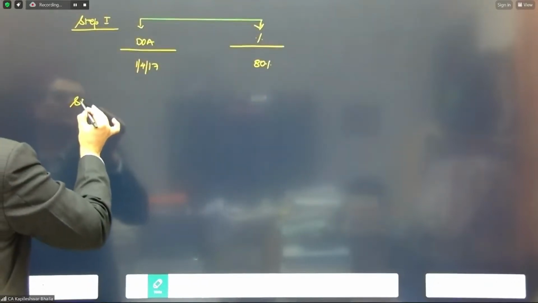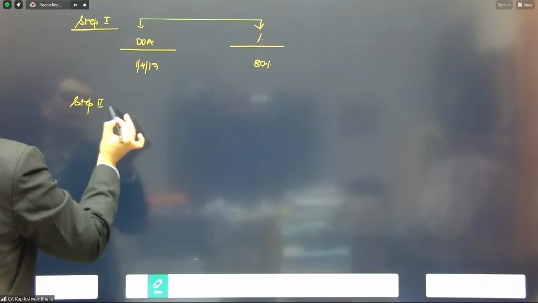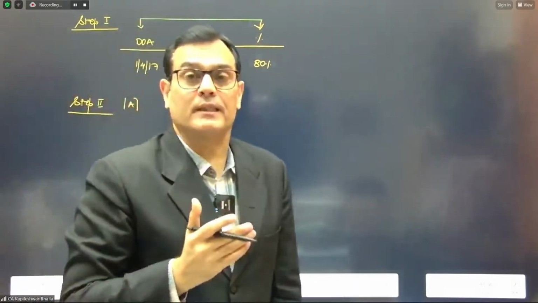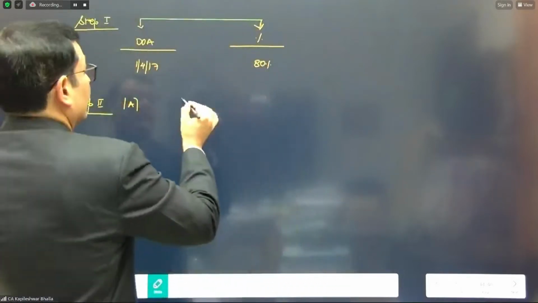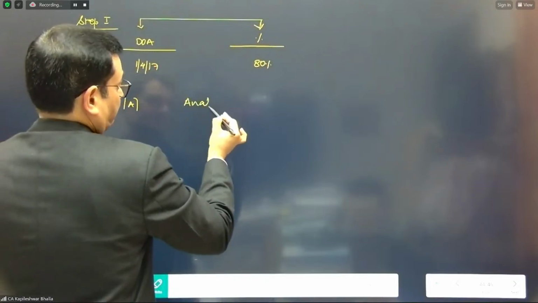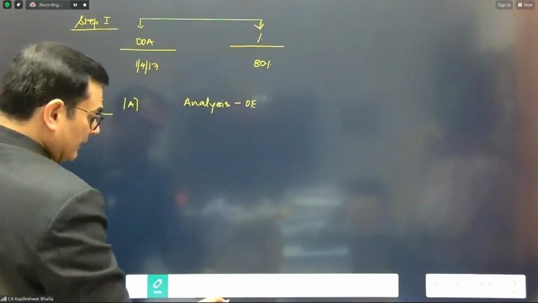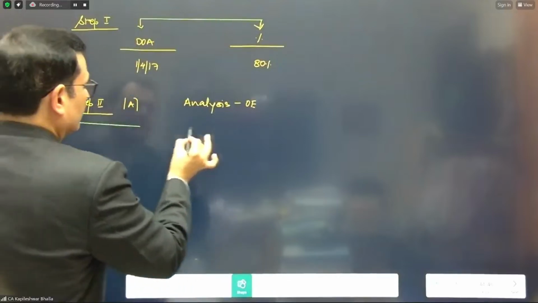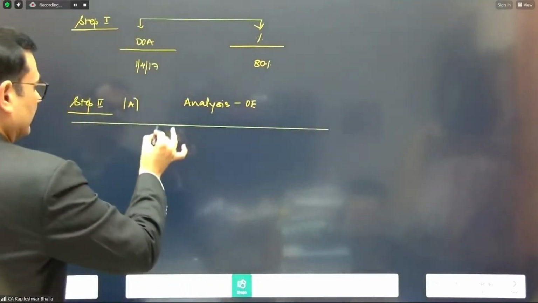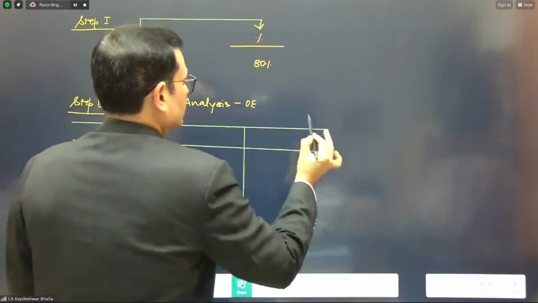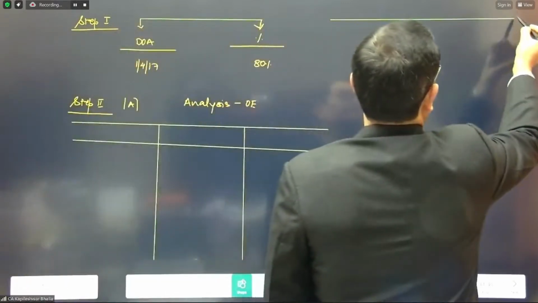Then we go on to step number 2, and we know that we need step 2 in 2 parts. It is a case where we are making a balance sheet at a later date. So I need the analysis of other equity, and let's keep the focus points clear. Let's first create a chart with the help of which we'll do the analysis: a column for particulars, a pre and a post acquisition column as well.